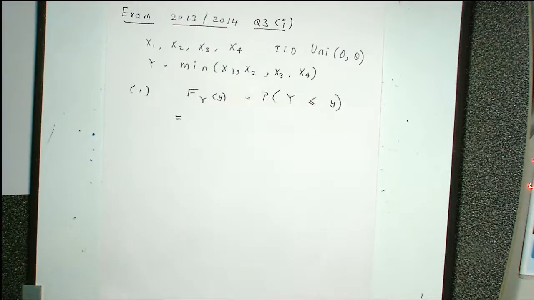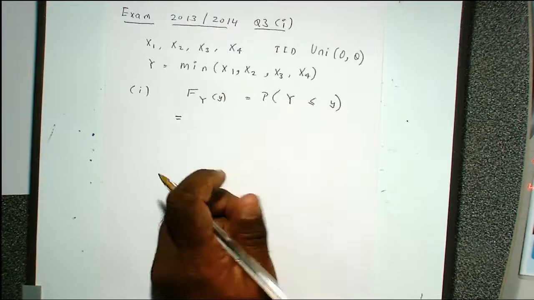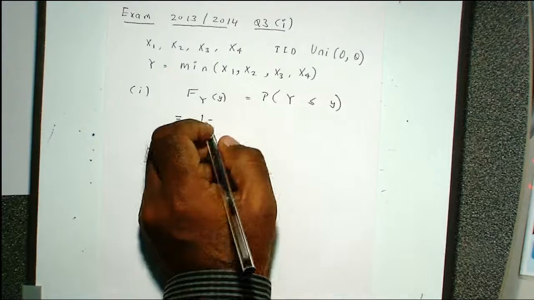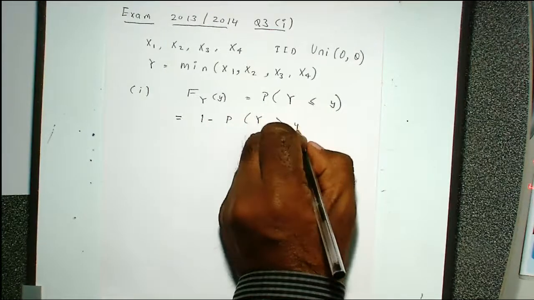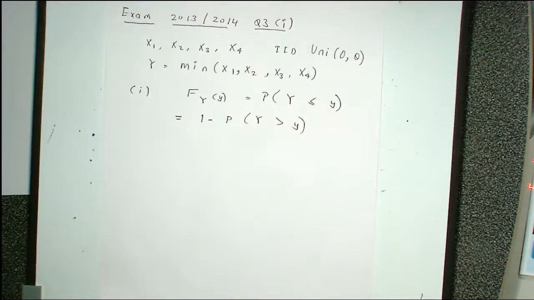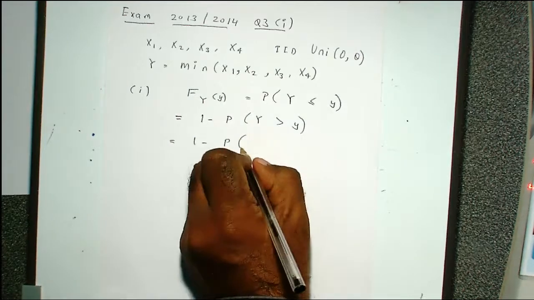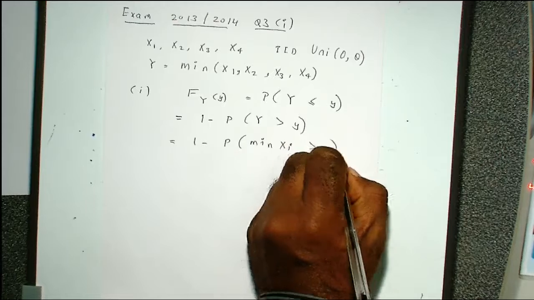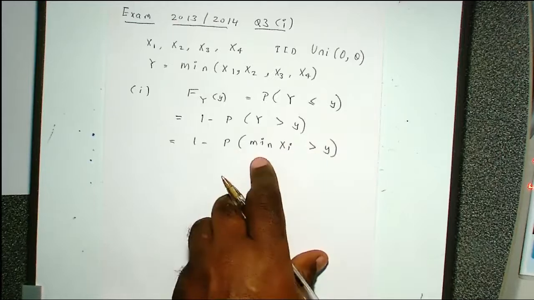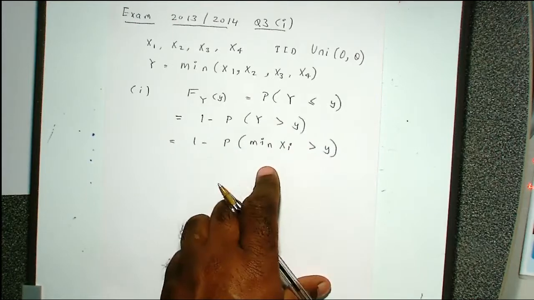In the case of the minimum, at this step it's always a good idea to use the complement rule and write this as 1 minus the probability that Y is greater than y. The reason for this is that if the minimum is greater than a number y, then each element has to be greater.